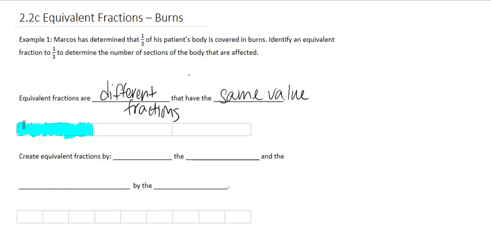So now we will need to find an equivalent fraction that shows the same size but uses different numbers. We do this by multiplying the numerator and the denominator by the same number.